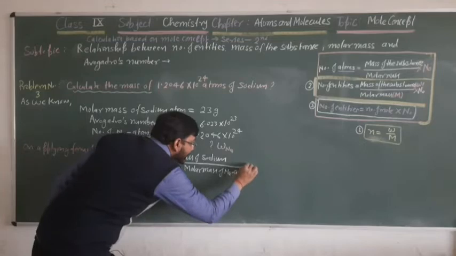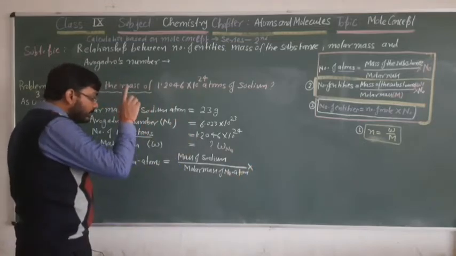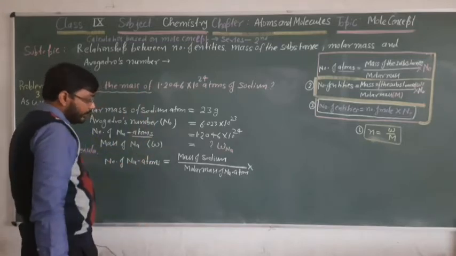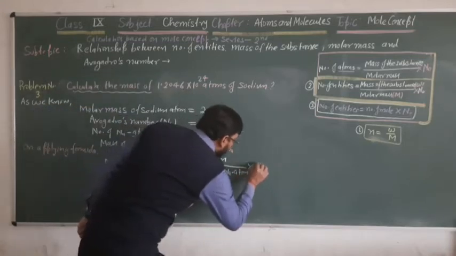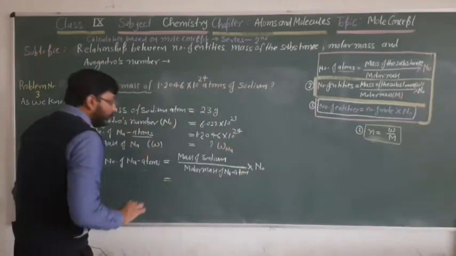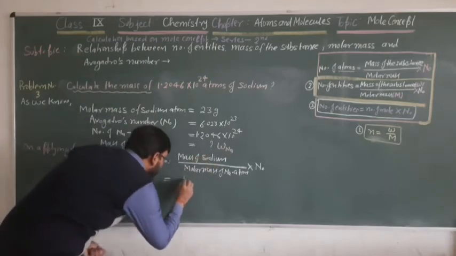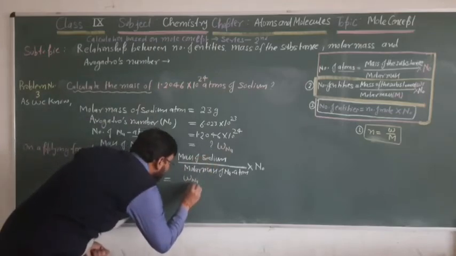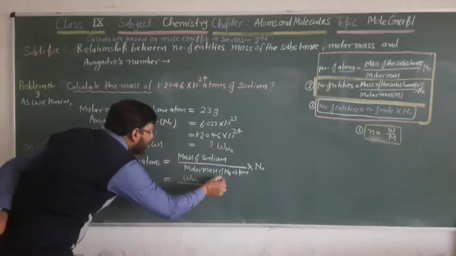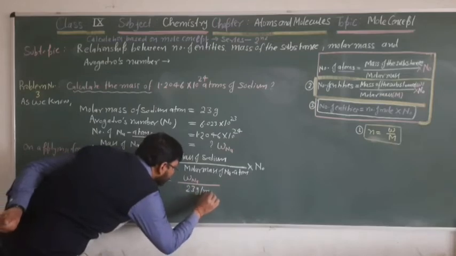Please don't skip any steps, you have to follow the same steps while solving your problems. And here Avogadro number N naught is equal to mass of sodium W Na, this is unknown, divided by molar mass of sodium, which is 23 gram per mole.